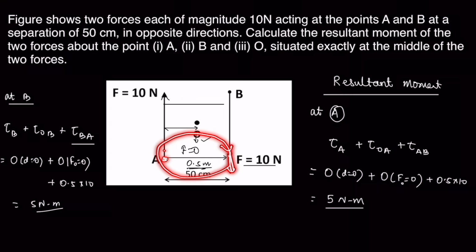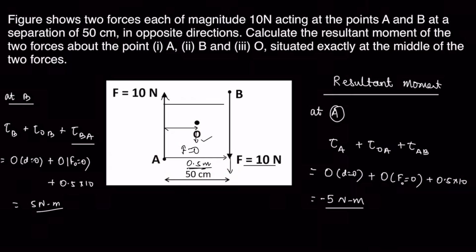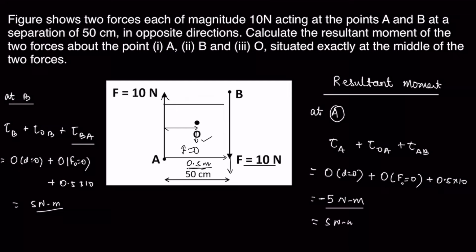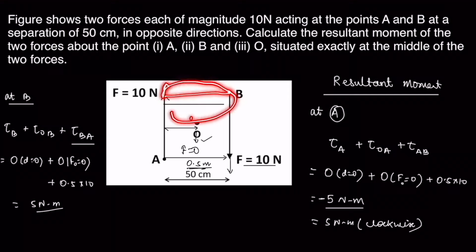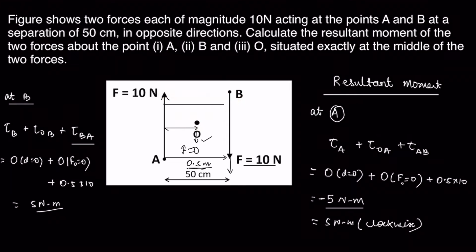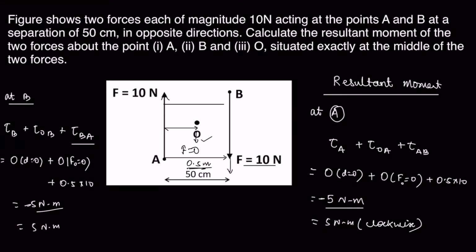So that's why this is negative, or you can simply write 5 Newton meter clockwise. Similarly, for B, this is the point B here, and here is the force, it goes up. So it will also follow the clockwise. So it is also negative. So that's why here you can put negative or 5 Newton meter clockwise.